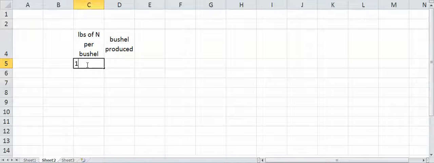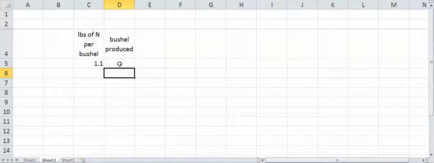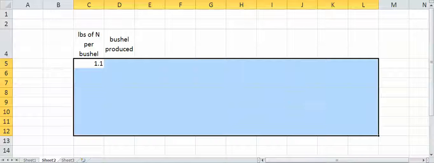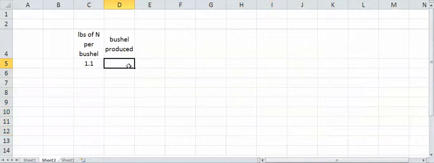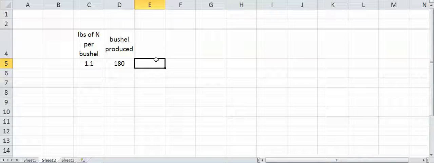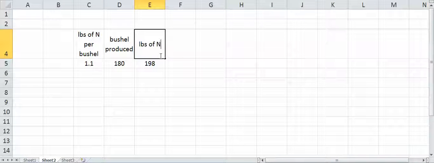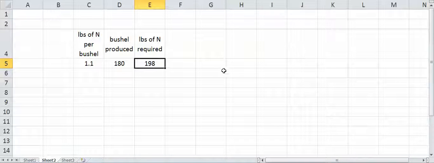So as I said in the problem, I need 1.1 pounds of N per bushel produced. I want to produce 180 bushels. So the answer is 1.1 pounds of N per 180 bushels equals 198 pounds of N required. So I need 198 pounds of N.